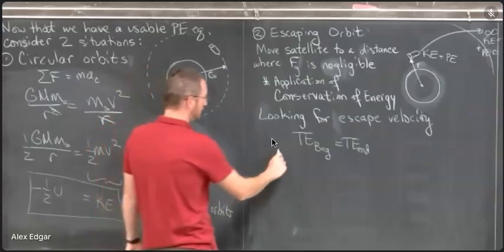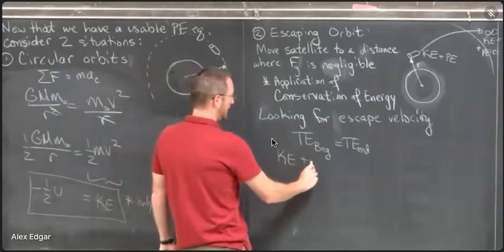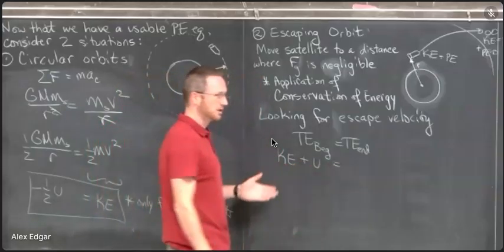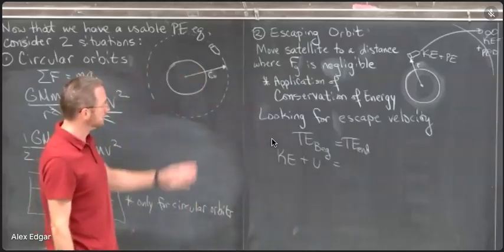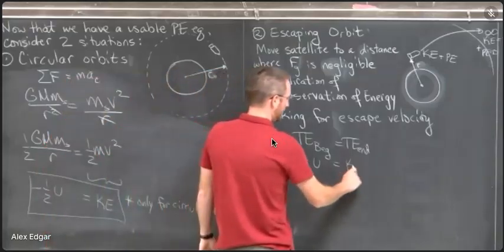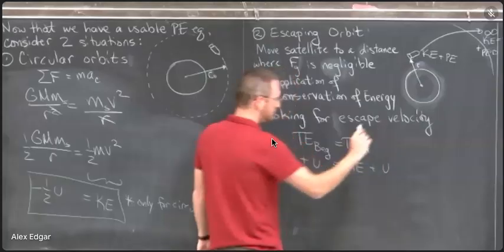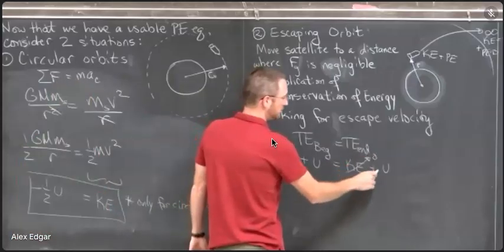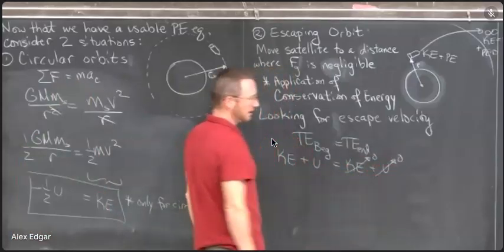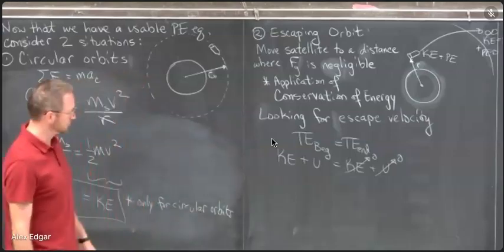And at the beginning, we have kinetic energy. And for satellites, for some reason, I'm not quite sure why, we call potential energy U instead of PE. So I'm going to switch from PEs to U's. And at the end, the two kinds of energy that we would still talk about are kinetic energy and potential energy, except here, in order to just barely escape, we're going to end up with zero of each.